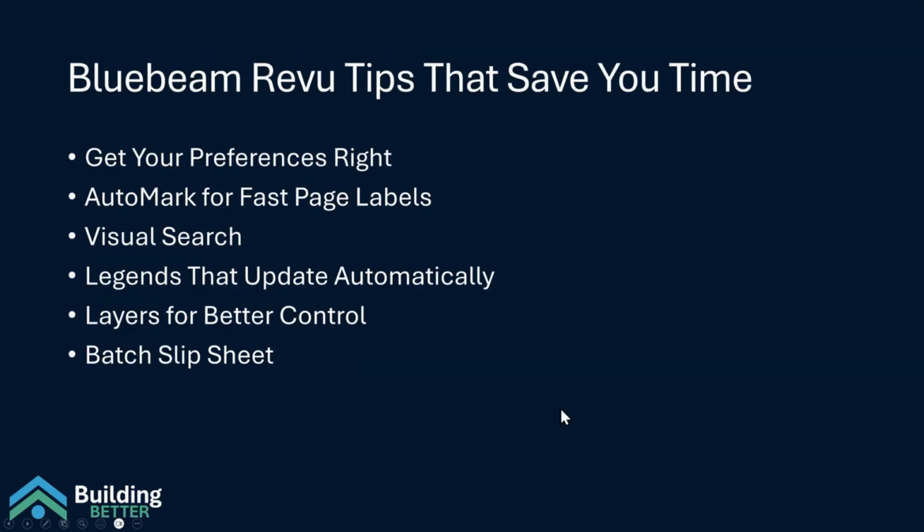Today we're going to talk about a couple of these things. First of all, getting your preferences right, things like Auto Mark and Visual Search. We might get into legends and layers and batch slip sheeting, but honestly, that's a more detailed training. I've got a bunch of quick hitters for everyone, and we'll take it from there.